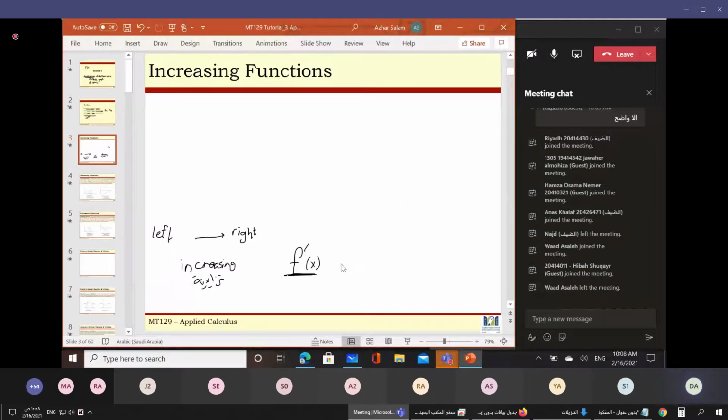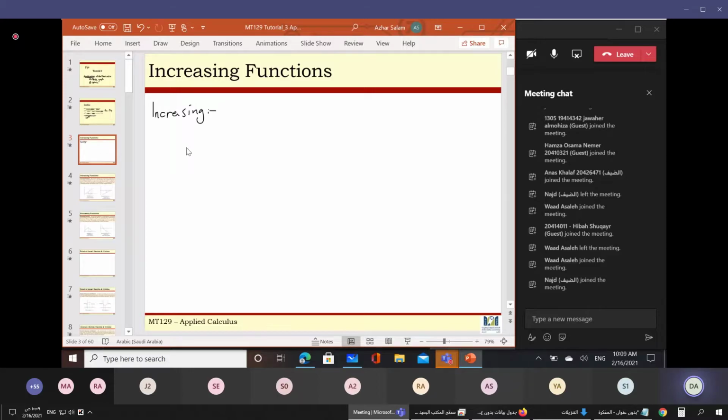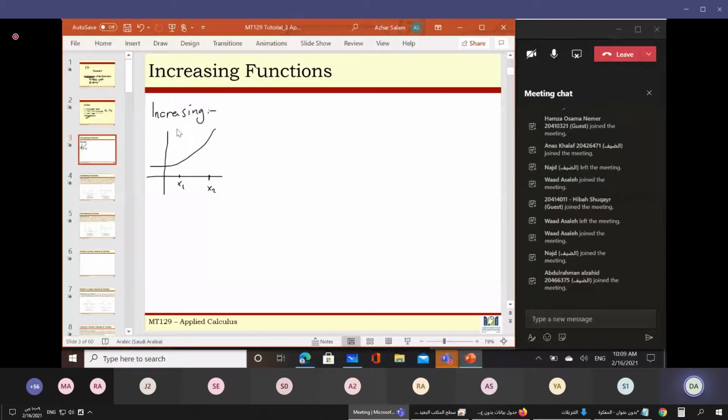The first one, we will define the increasing, اللي هي الدالة التزايدية. Okay, first the increasing: when do we call a function increasing? Let's first see the graph. It will be like that. If we have here x1, and here I have x2.